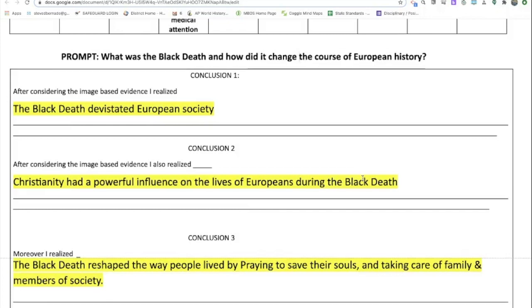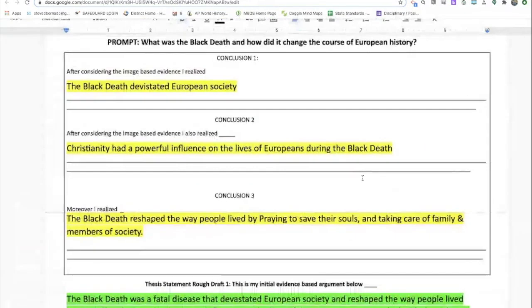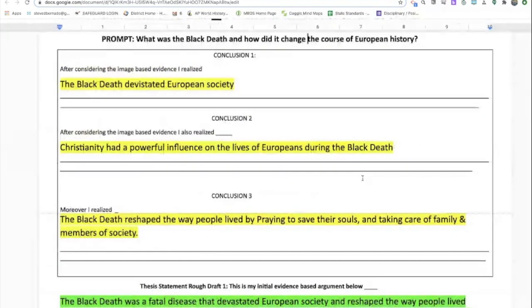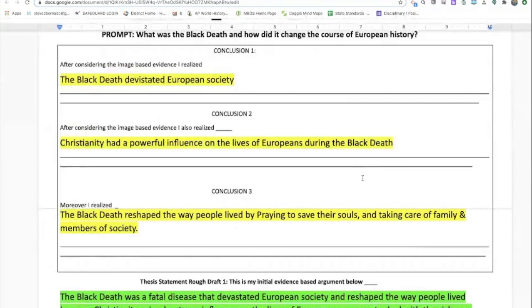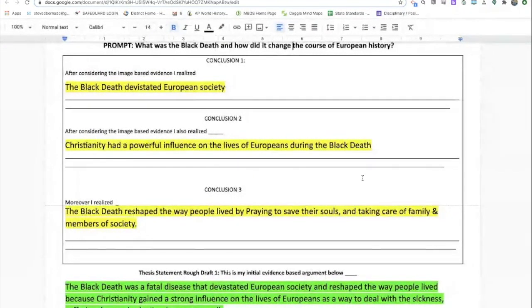So they turned to the power of Christianity to be able to deal with suffering and death, right? So let's reword that and make it perfect. Everybody take a look at what I have in green. What was the Black Death? And how did it change the course of European history?